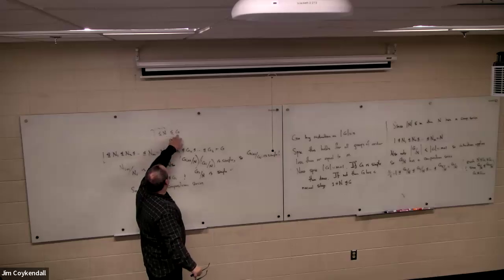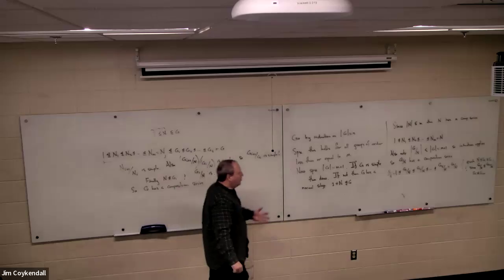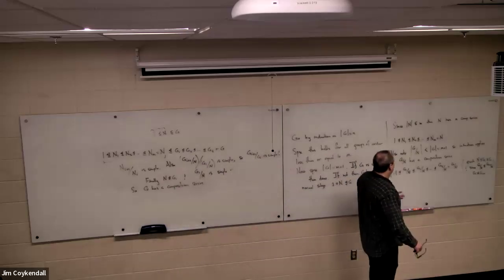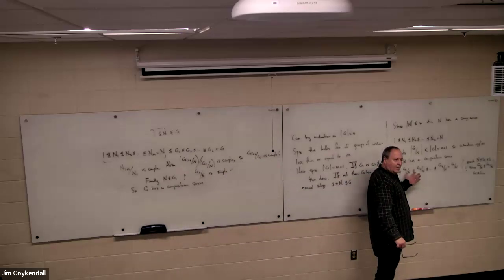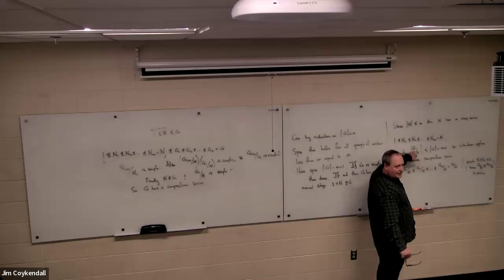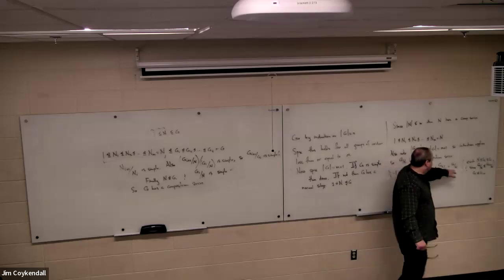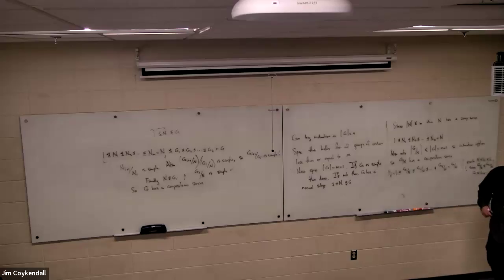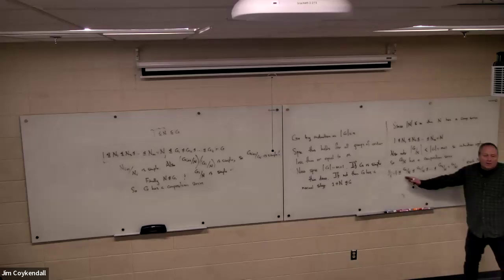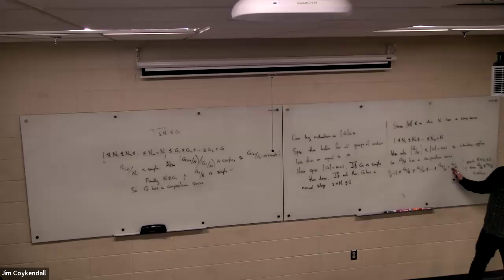The question is, how do we get from N all the way up to G? The problem is we don't know how to use the induction. I had to use G mod N, because that drops the order down. And I know that G mod N has order less than or equal to M, so it has a composition series. But this is a different group. This isn't G, it's a homomorphic image of G.